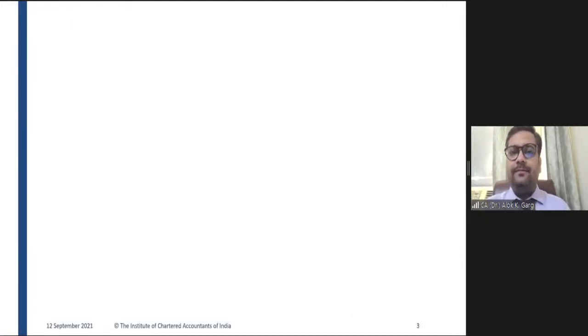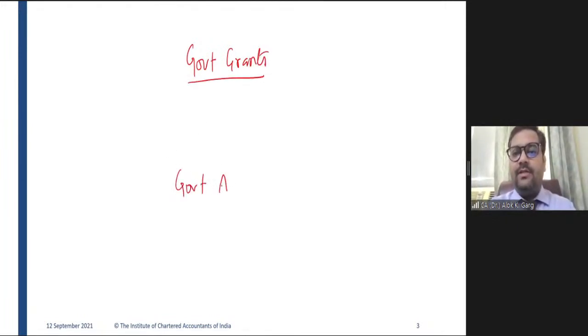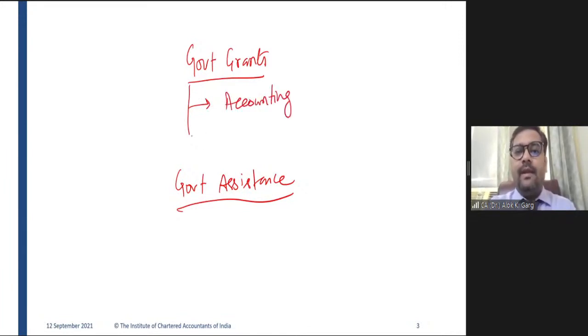Friends, this standard talks about two things: one is government grants and the second is government assistance. The standard talks about accounting for government grants as well as disclosure of government grants.